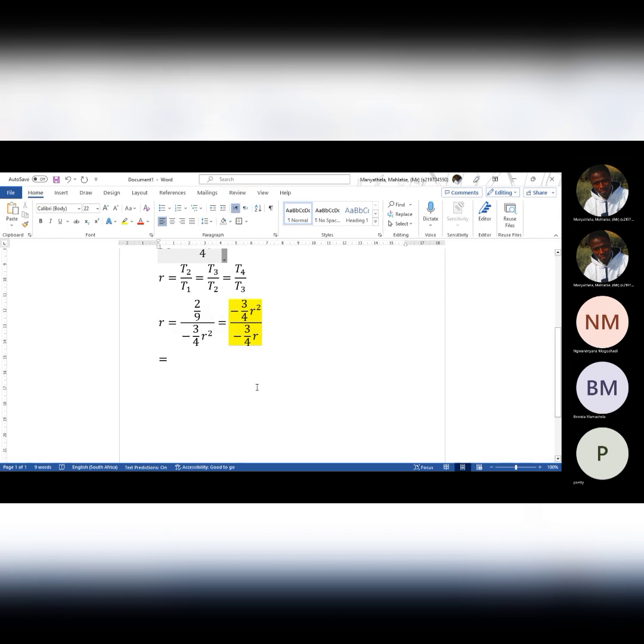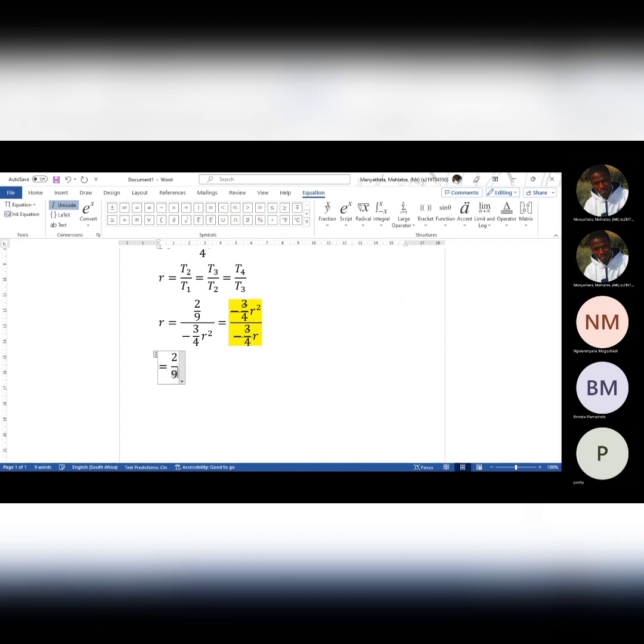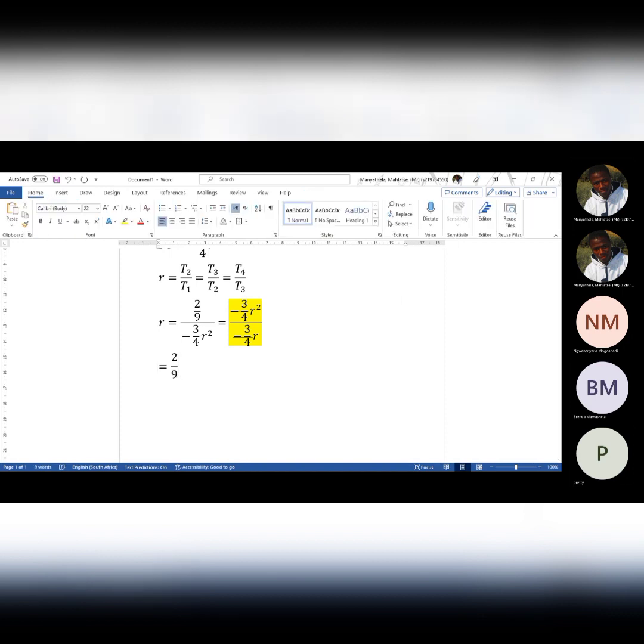Okay, cancel these things, then subtract 1 to get r. The same thing every time. So r is 2 over 9.